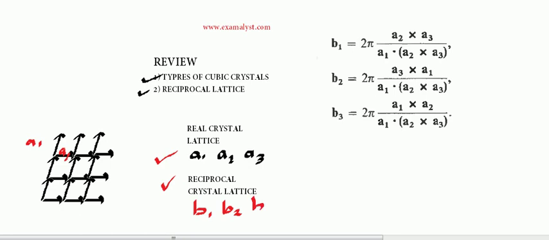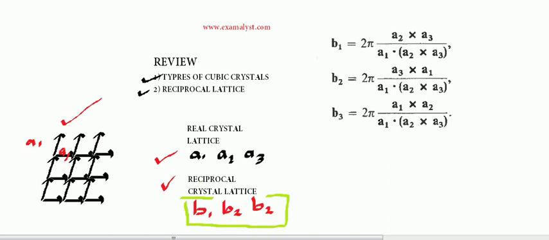Like a1, a2, and a3, when we repeat them, they create a crystal lattice. Similarly, we have b1, b2, and b3. When we repeat them in space, they will span another crystal lattice, and that crystal lattice is called the reciprocal lattice.